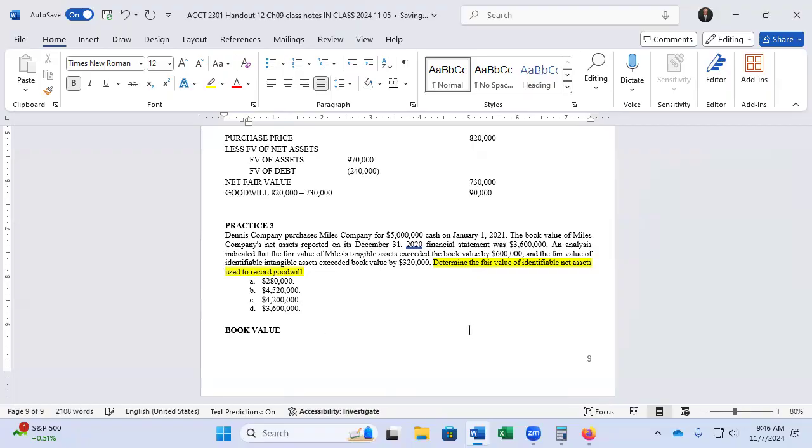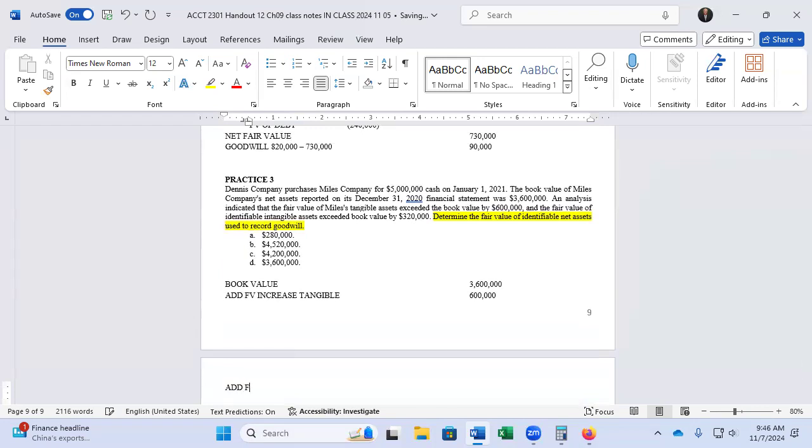And so the book value, 3.6 million, which normally we don't worry too much about. But because they make the adjustment off of that, we have to add the fair value increase for tangibles, and that's 600,000.